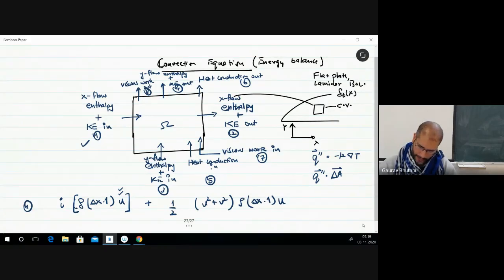Okay. So I can combine a couple of terms. I can take delta x and u out along with the rho.